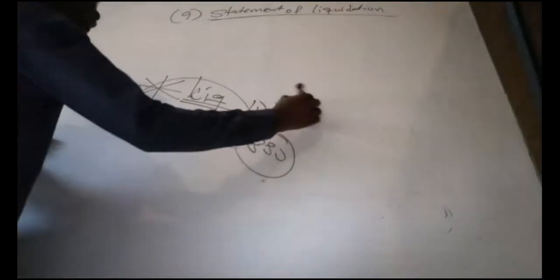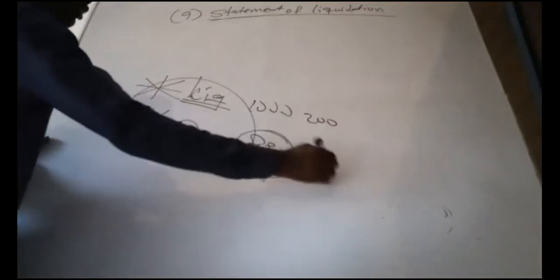If here is, let's say, 200 and here is 1,000, it is cheaper to liquidate than to reconstruct. So take note. Next time, when the examiner asks you to prepare a reconstruction scheme, whether it's cheaper or not, you have to prepare it.